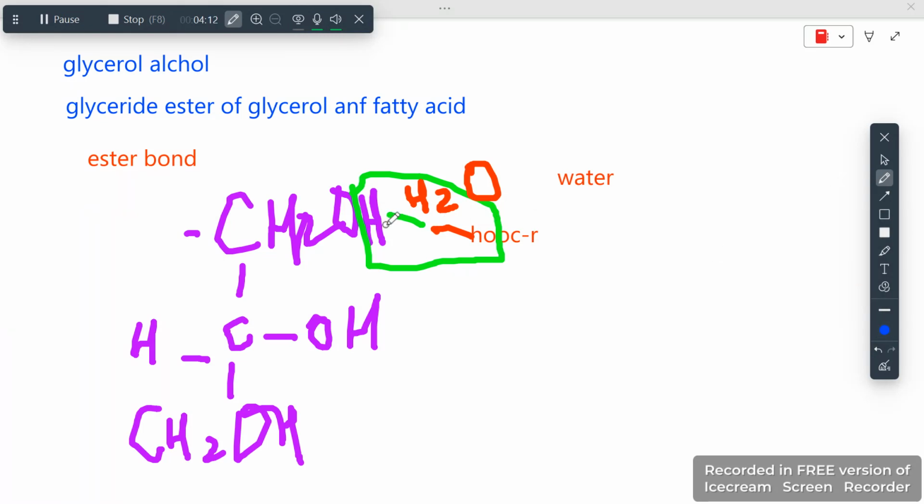This one bond, you can look, is simply known as, I will tell you, the ester bond. When we talk about the ester bond, this is the bond between two fatty acids, two chains, which allows them to combine.